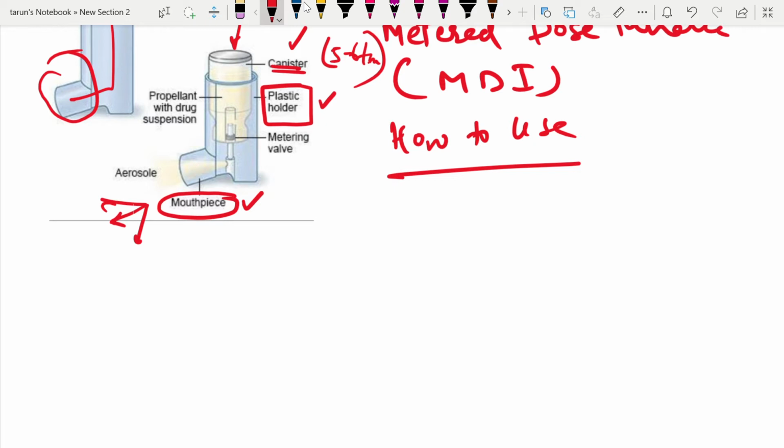So first you remove the cap, shake the canister, then breathe out through the mouth till the end of normal expiration.